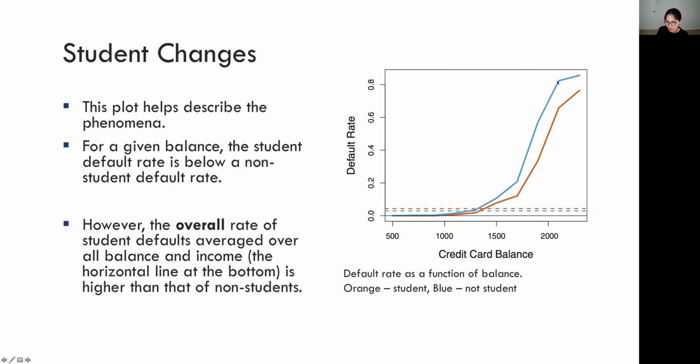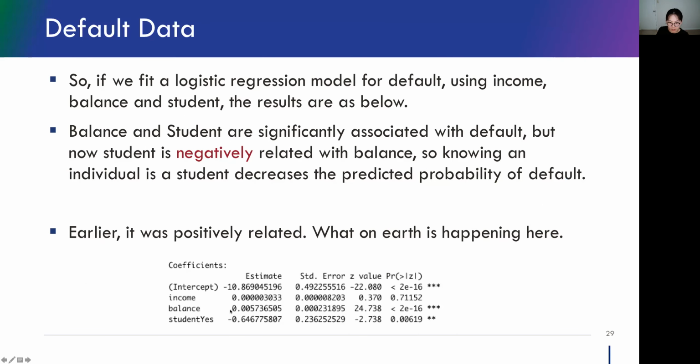This one is higher than this one. Well, the overall rate of student defaults, averaged over all balances and income, gives you this comparison. So this orange is the students. The overall default rate for students is actually higher than the overall average for non-students. So this is what's happening here.